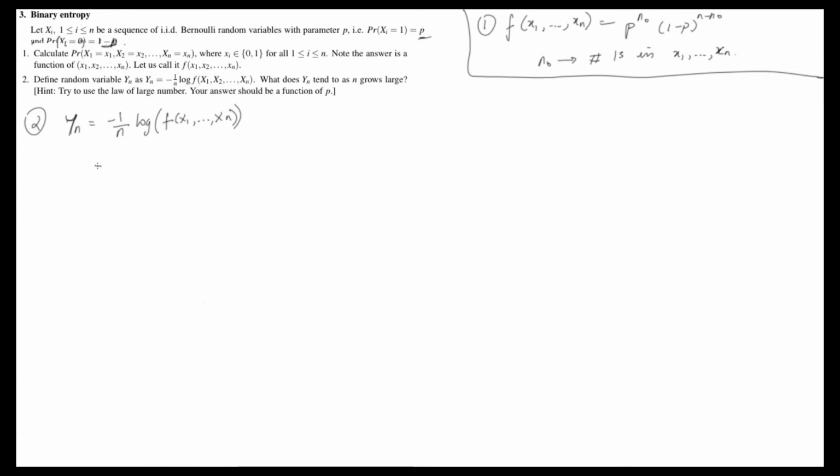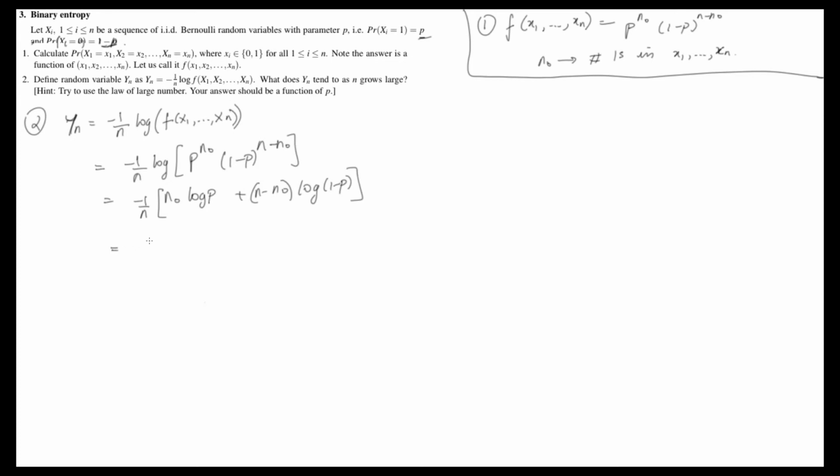So now let's actually work this out. We have -1 over n log of p to the n_1 times (1 minus p) to the n minus n_1, which is equal to -1 over n, using the properties of logs, n_1 log p plus (n minus n_1) log (1 minus p).